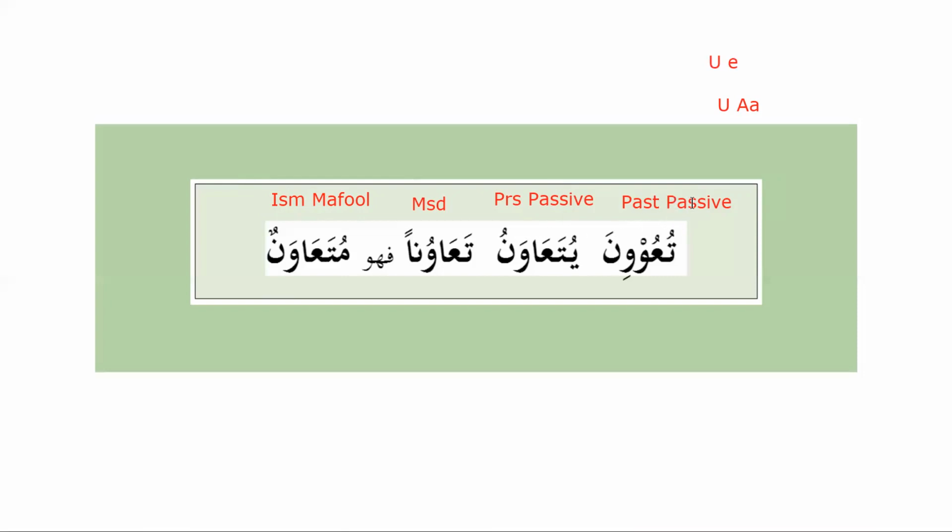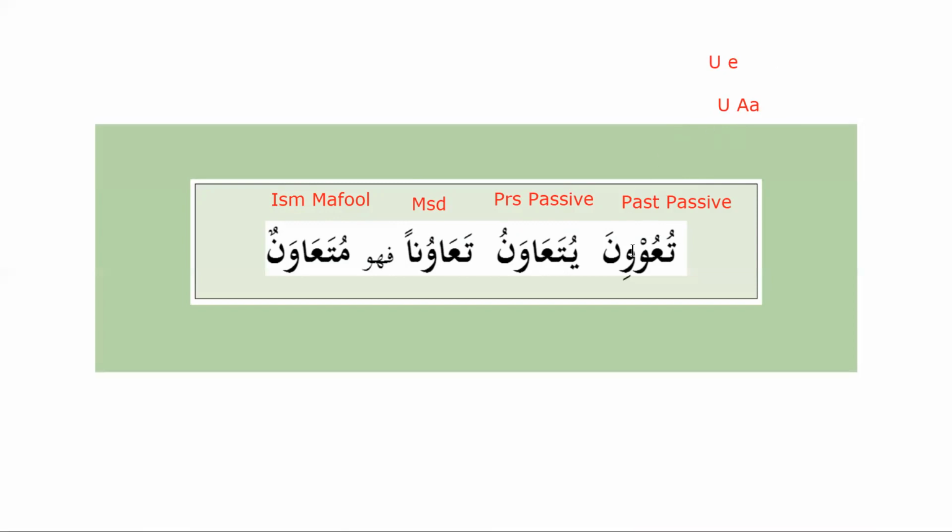This one is past passive, which in Arabic we call fe'le madi mabni lil majhul. This one is present passive, called fe'le mudari mabni lil majhul. And why are we saying mabni lil majhul? Because they are following this pattern: in past passive, the pattern of fu'ila, and in the present passive, yufa'alu.